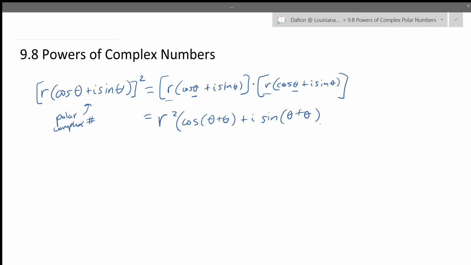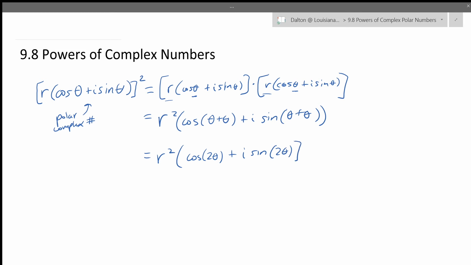This is using the rule that we learned a couple of days ago, or last week, about how to multiply polar complex numbers together. If we simplify our terms a little bit, we'll get r squared times the cosine of theta plus theta, which is just 2 theta, plus i times the sine of 2 theta.